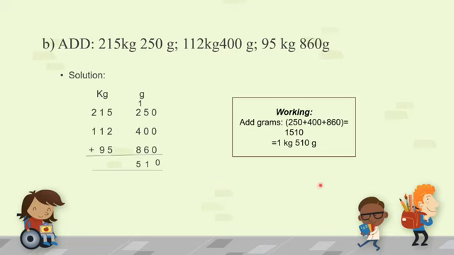So we get the answer as 1510 gram. Now 1510 gram needs to be converted into kg and gram, because the gram column will have only 3 digits. So we write 510 here, and we will shift 1 to the kg column.